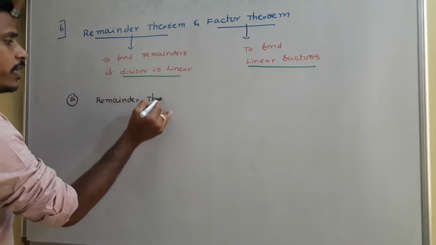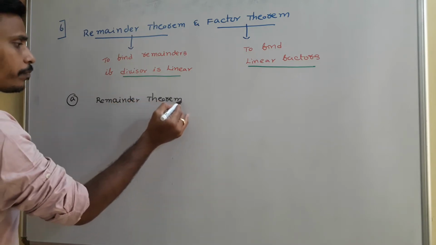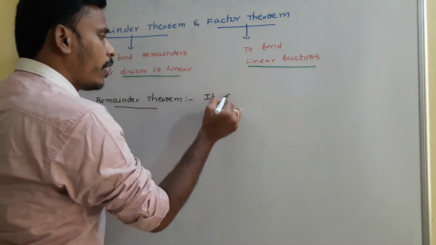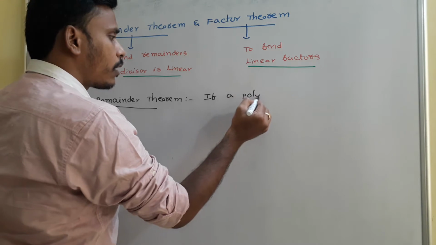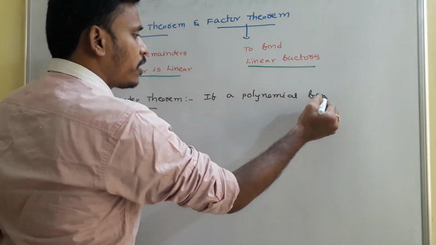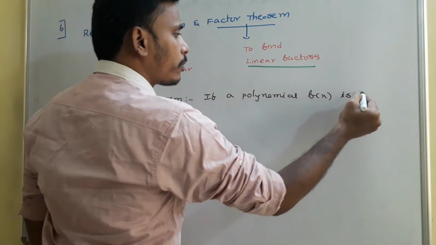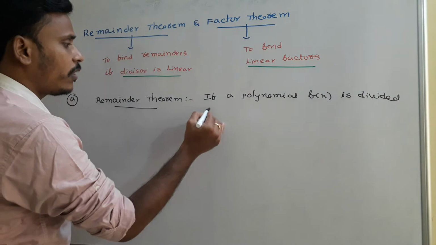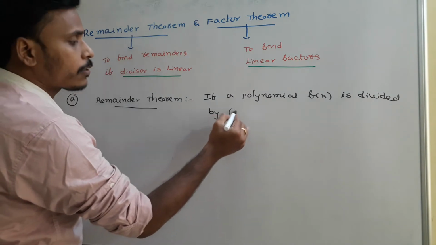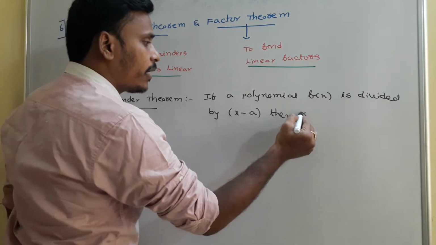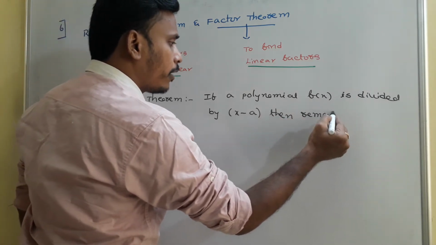The remainder theorem states that if a polynomial f of x is divided by x minus a, then the remainder is f of a.